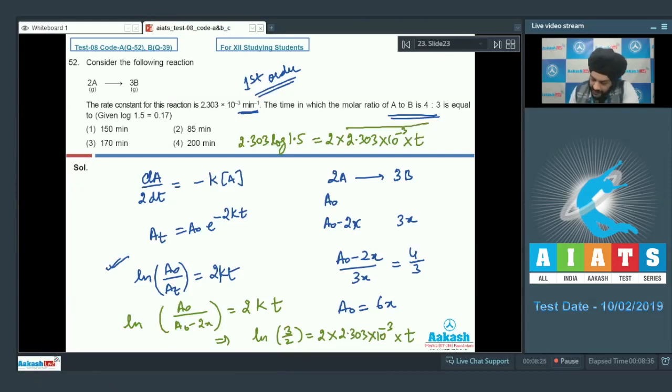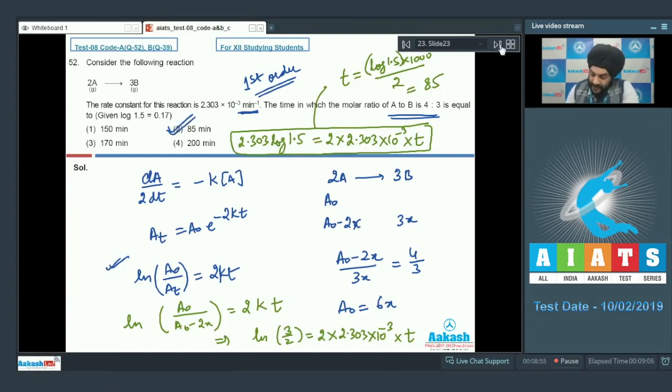So on solving this expression, we're going to have the value of t equal to log of 1.5 × 1000 upon 2. So this will give us a value of t equal to 85 minutes. So students, for this question we have to select the second option as the correct answer.